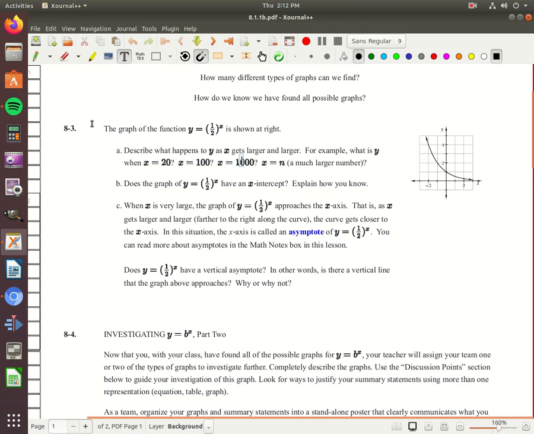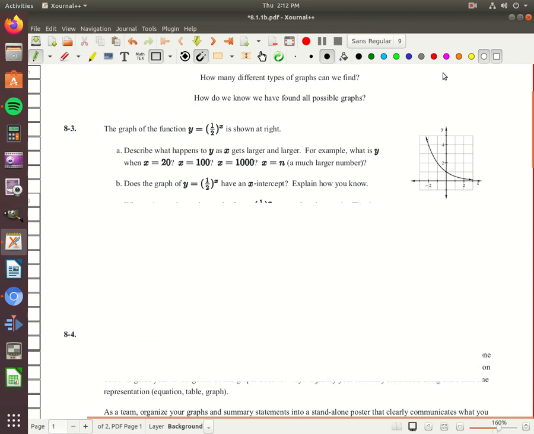Well, think about it. What's going to happen here is as I put in x's, if I have y equals 1/2 to the second power, that's like saying y equals 1/2 times 1/2, and I get y equals 1/4.